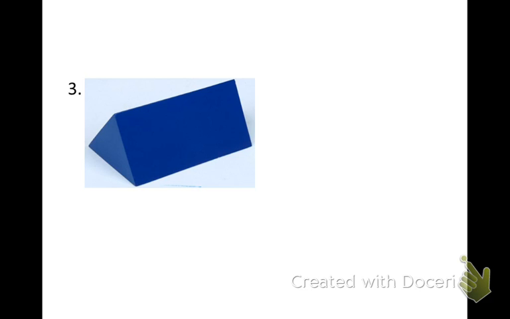Okay, what shape is this? Well, this is a triangular prism. So remember, the formula is capital BH, where capital B means the area of the base, and the base is the triangle part. So let's say this is 4 meters, and let's say this is 8 meters there. Let's say this is 10 meters.